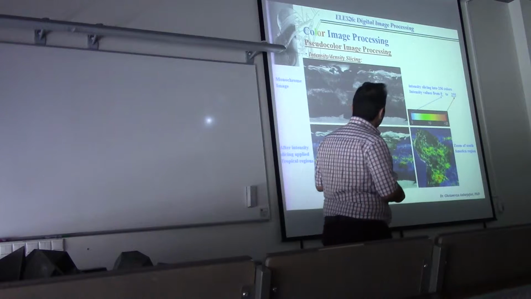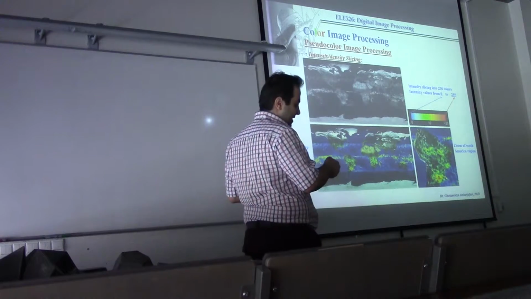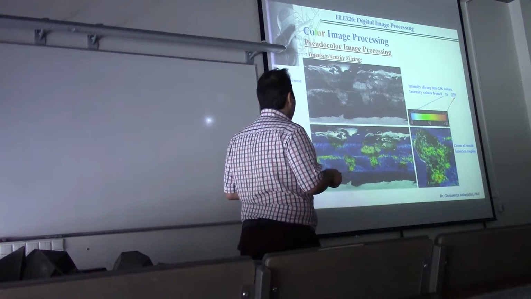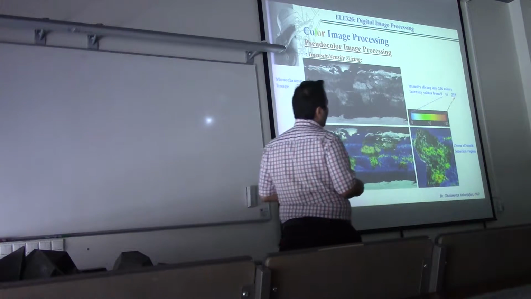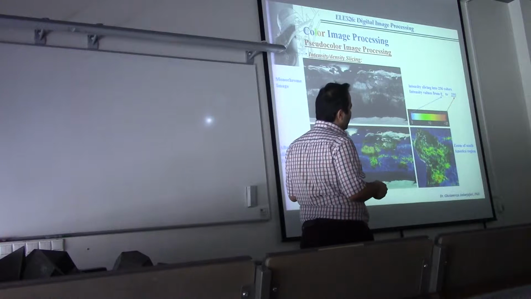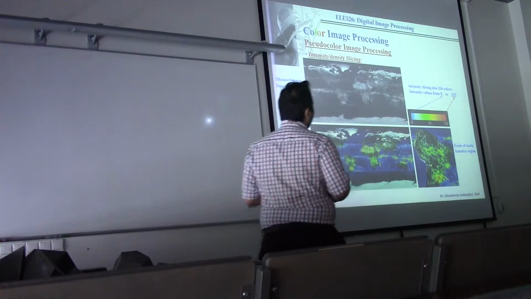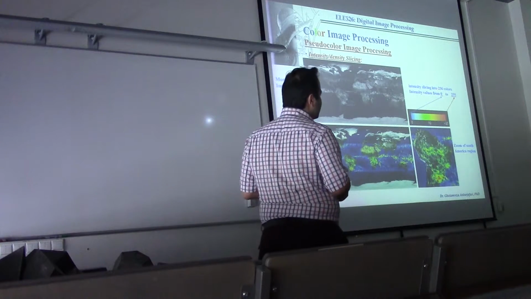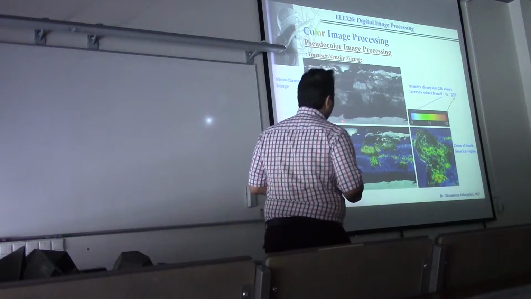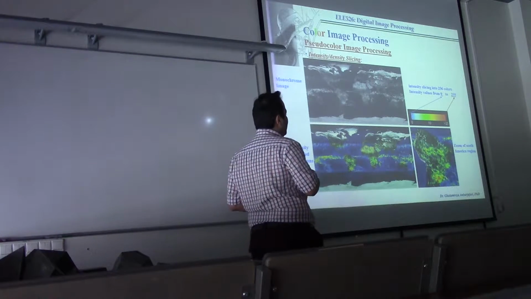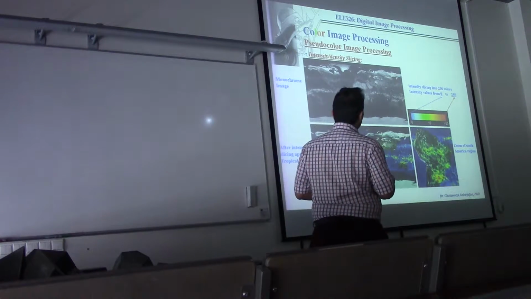Also you can see that we have a monochrome image here. When we assign colors to this image, we assign 256 colors to the monochrome image, one for each gray level in the image.